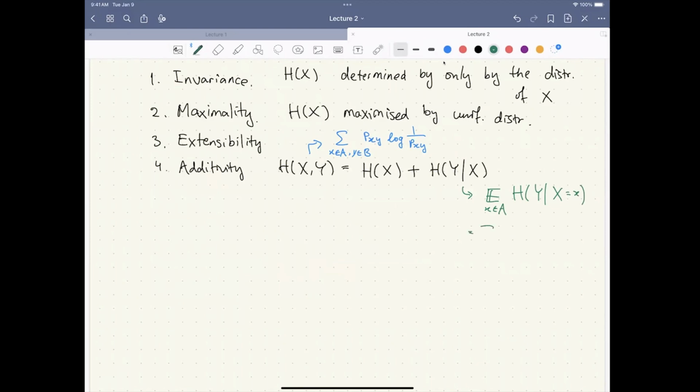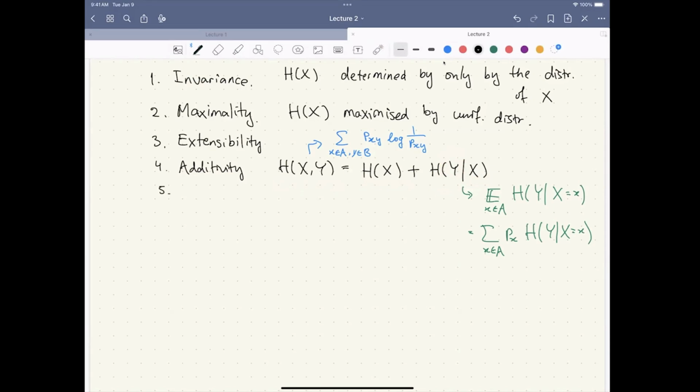If you want to write it out, it's the sum over x in A of p(x) h of Y given X equals little x. Okay. Once again, this is the information we get from X. And then after knowing X, this is the additional information we get from Y. Together, this is the joint amount of information. Additivity, an important one.